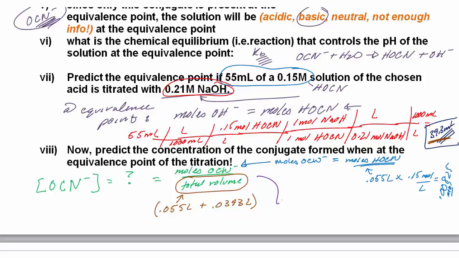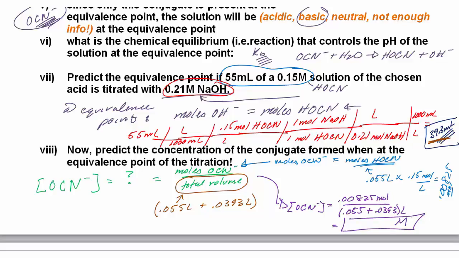My concentration of that conjugate base is going to be 0.00825 moles all over 0.055 plus 0.0393 liters.